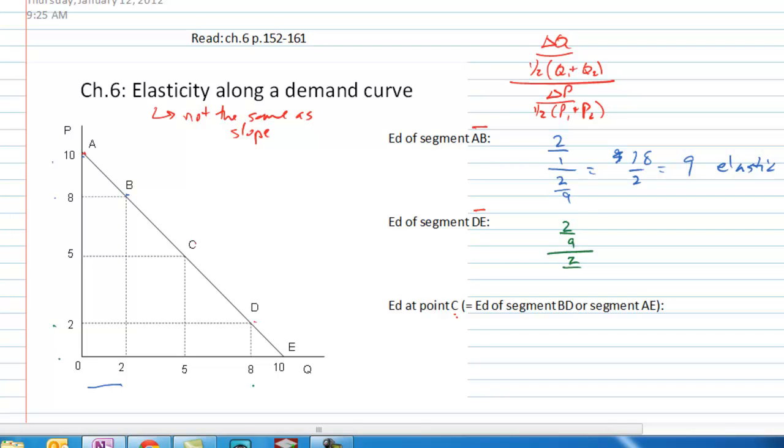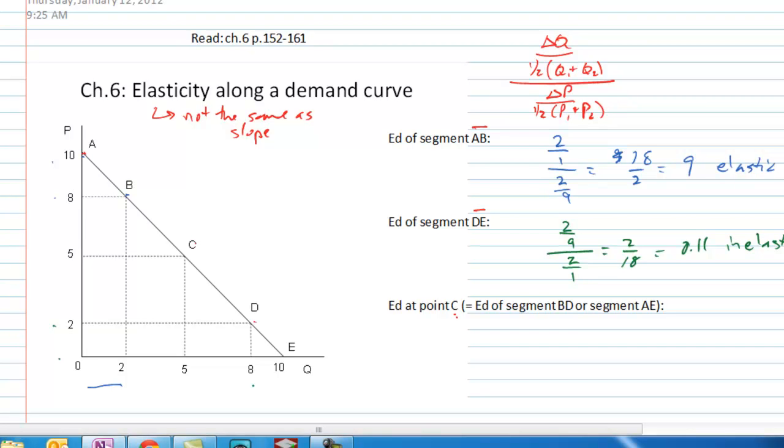And the midpoint is 1. Simplify that, we get 2 over 18, reciprocal of the other one, which gives us an elasticity of 0.11. So that's highly inelastic.